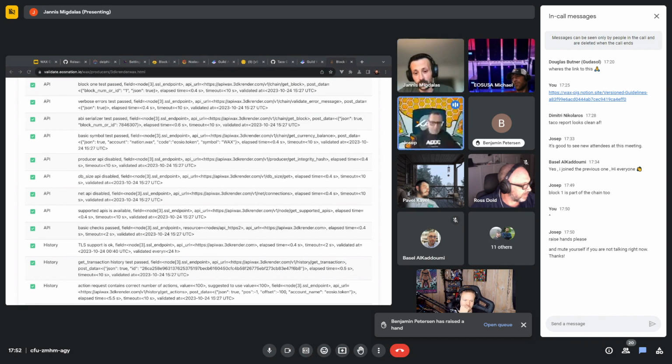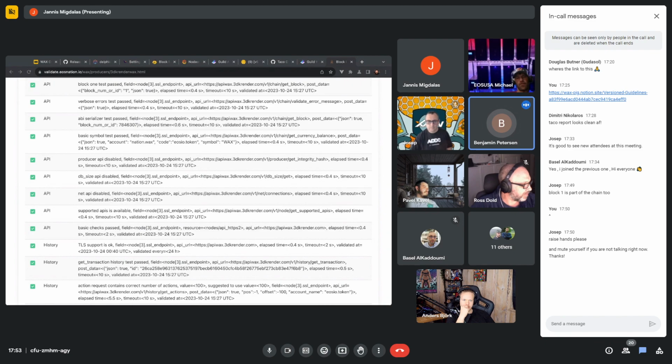Anyone else? Ben raised his hand. Oh, sorry, I missed that. Ben, yes, please. Yeah, I think that already answers my question. Like I said before, most of the requests that we get on the API nodes are push transactions, get table rows, all these kinds of things. And I think it has value in itself to provide those nodes, so that people can interact with the chain.